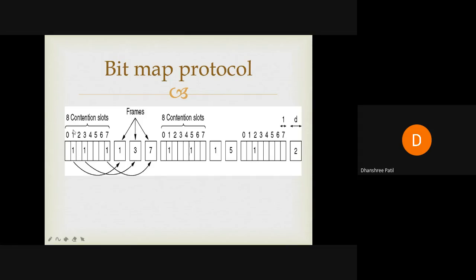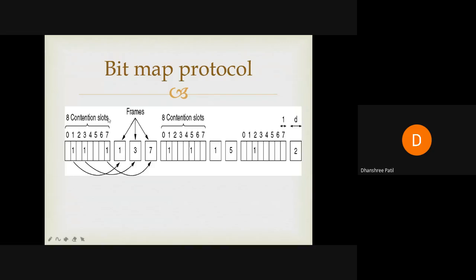Similarly, suppose station 3 also wants to send a frame. So station number 3 will send 1 in its own slot. Also other stations, for example station number 7.